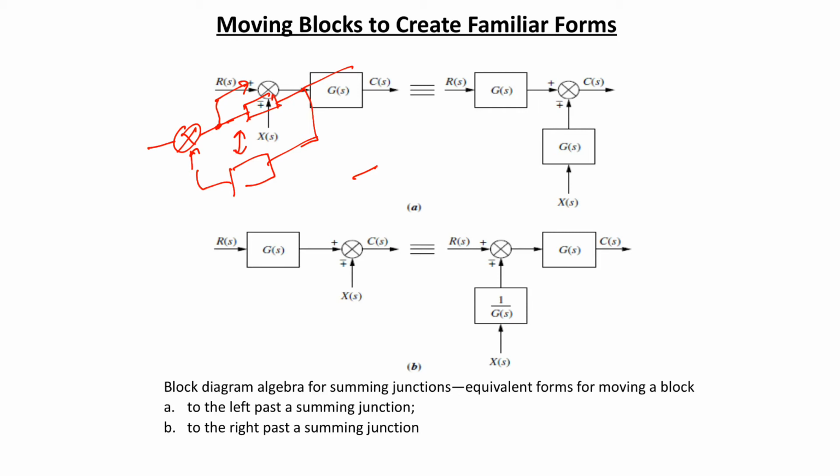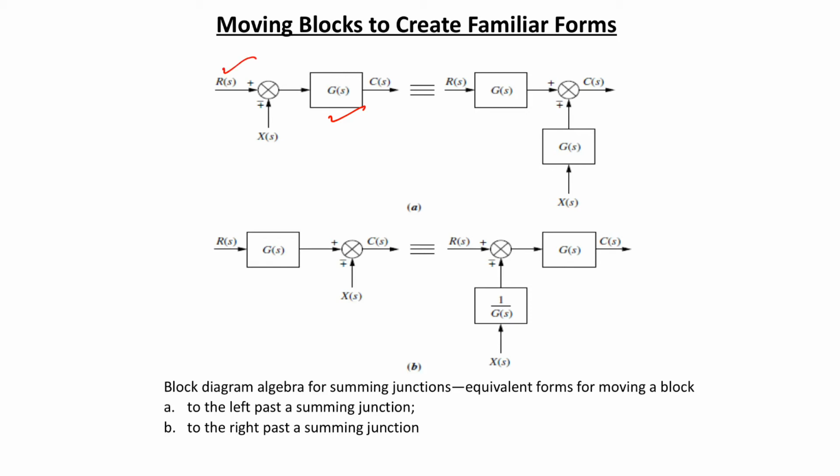Now let us take a simple case in which we want to move the transfer function G(s) to the left or right of the summing junction. Here we want to move G(s) after this point R(s).